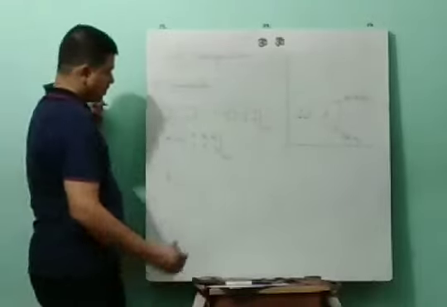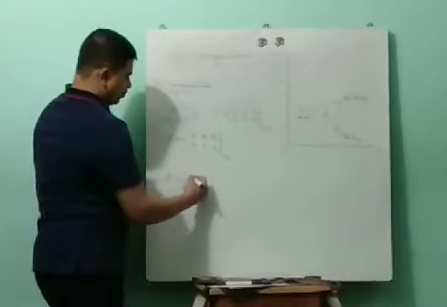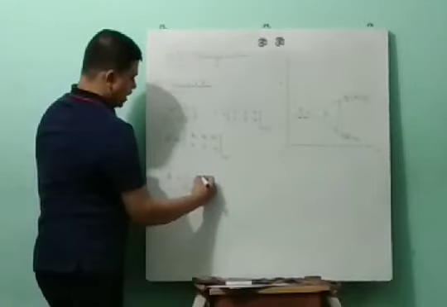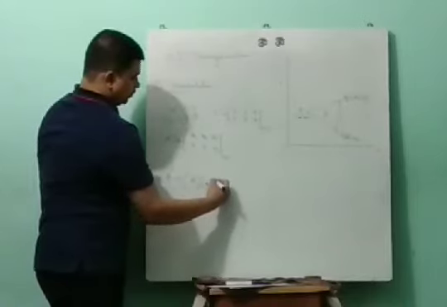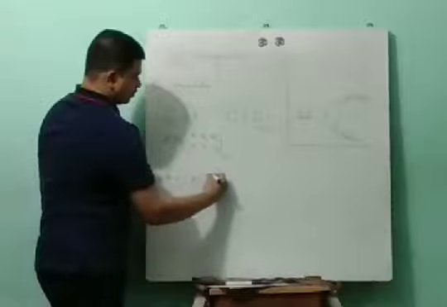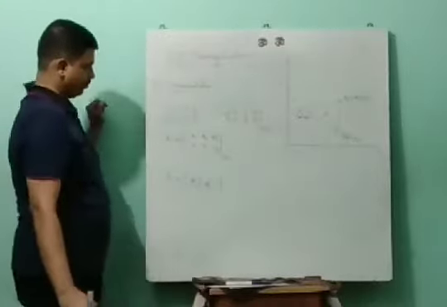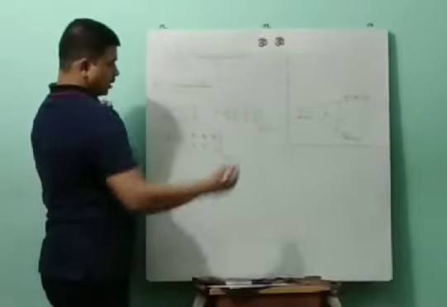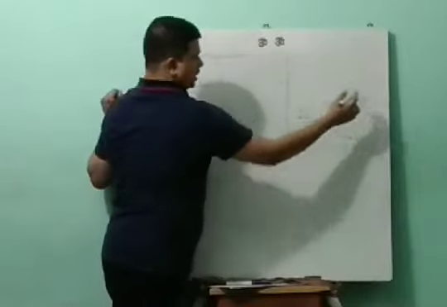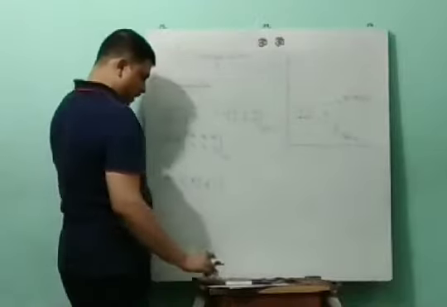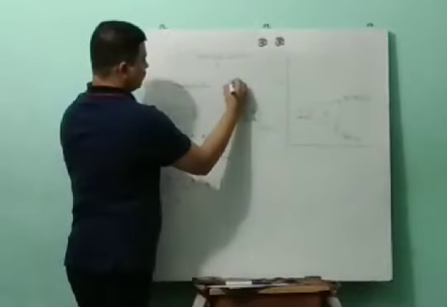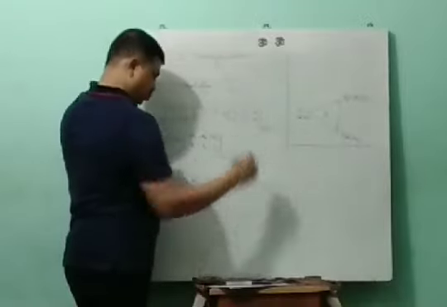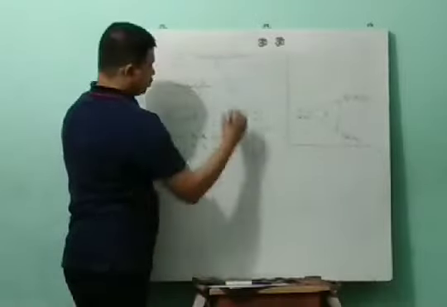A translated triangle A dash is obtained by adding A and T. So now the A value is x1, y1, x2, y2 and x3, y3. We will consider the points as 1, 1, 2, 4 and 4, 3.